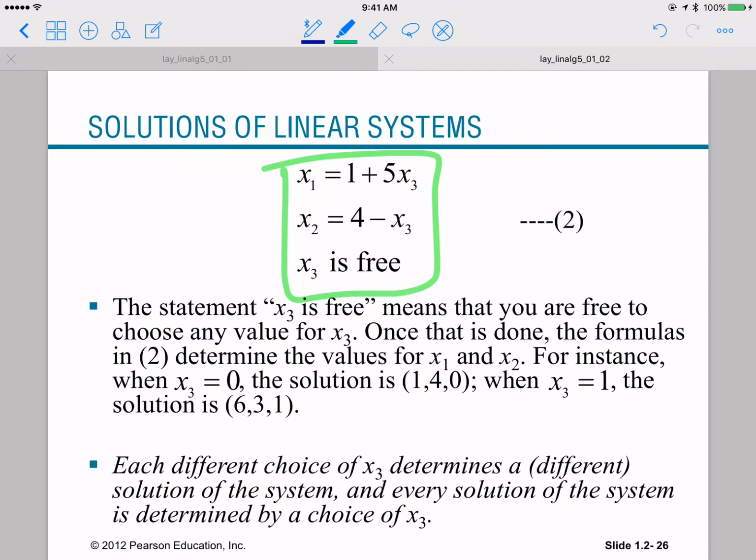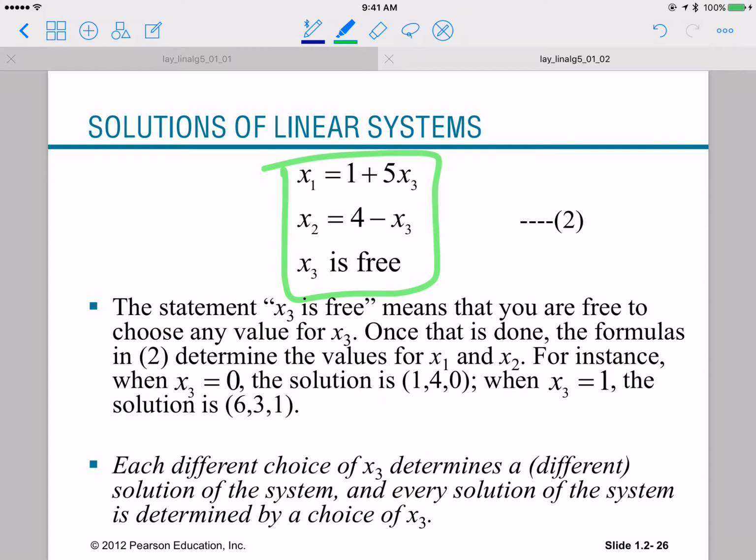So parametric description means you have some parameter that you can tune or change freely for these free variables, of course, and then depending on these free variables, the solution is determined. But you change the free variable to another value, and then you change the solution accordingly, right?